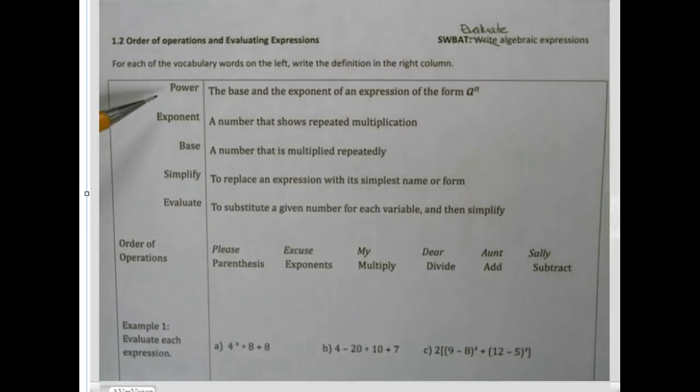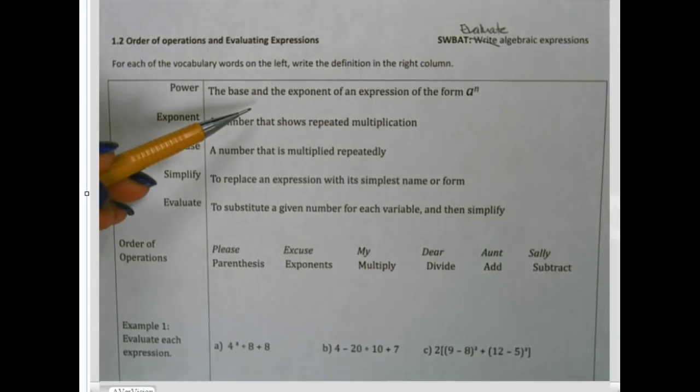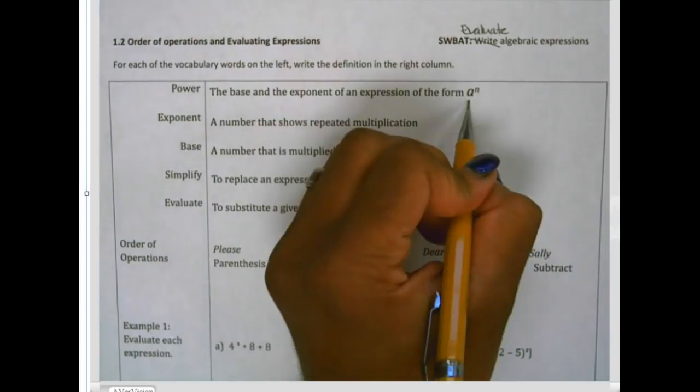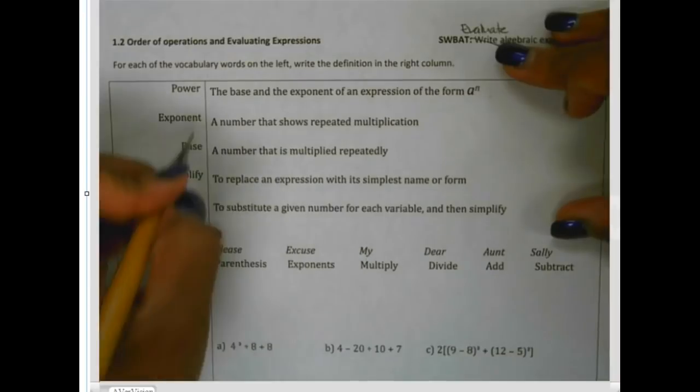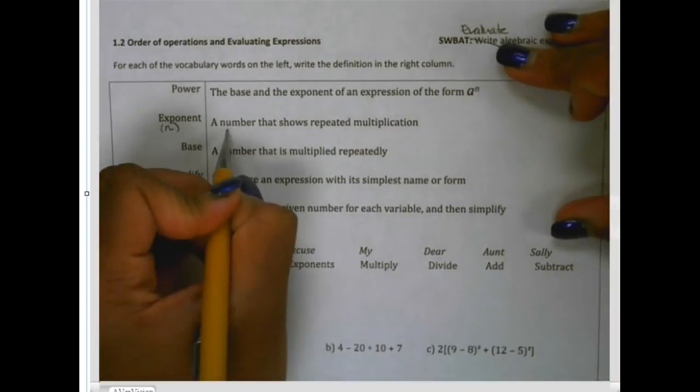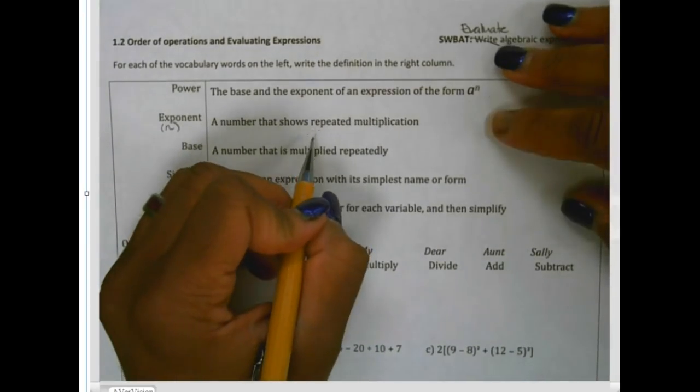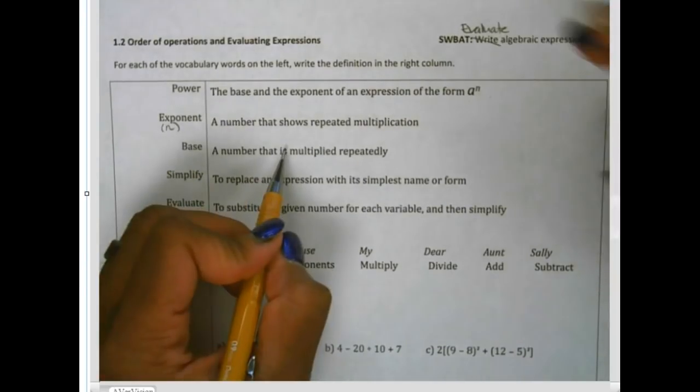So on the left, we're going to find a vocabulary word. On the right, we're going to find its definition. The first one, power. That's the base and the exponent of an expression of the form a to the n. So the exponent for this one would be the n, and that shows us how many times we're going to repeat multiplication.